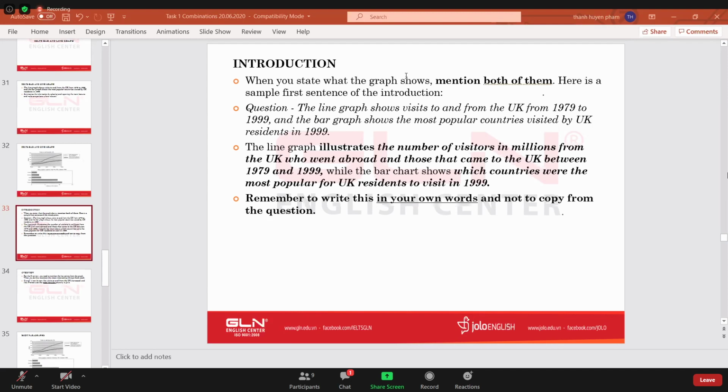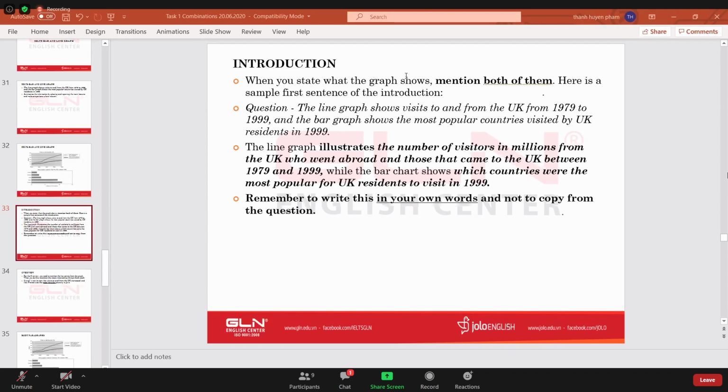Then the number of visitors instead of visits to and from. We put the value in here, so in millions. And from the UK who went abroad, and those that came to the UK.